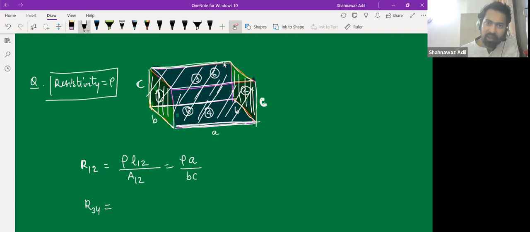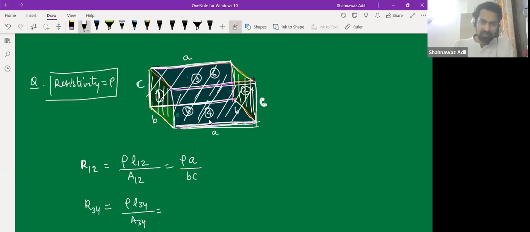This is A. So what would be the distance between this wall and this wall? What would be the length between the 3 and 4 surfaces? Think about it.